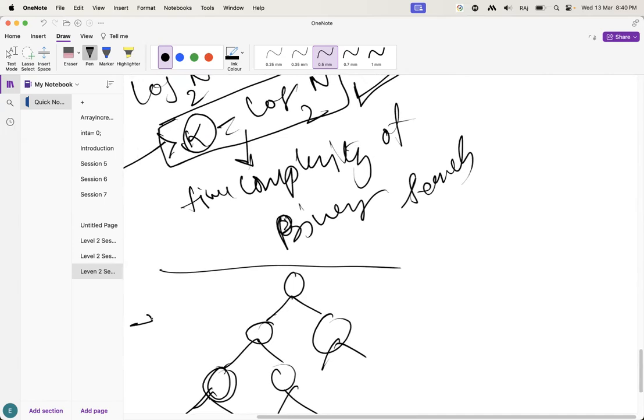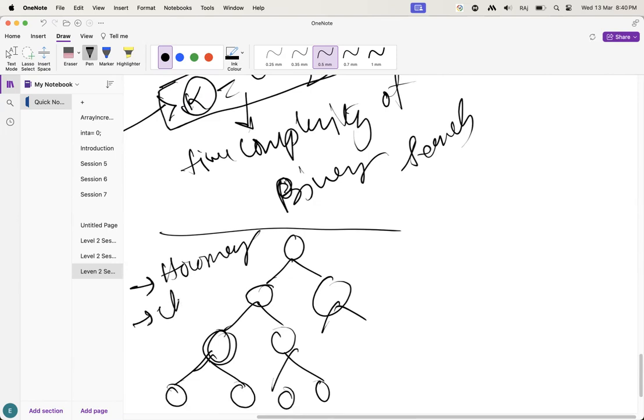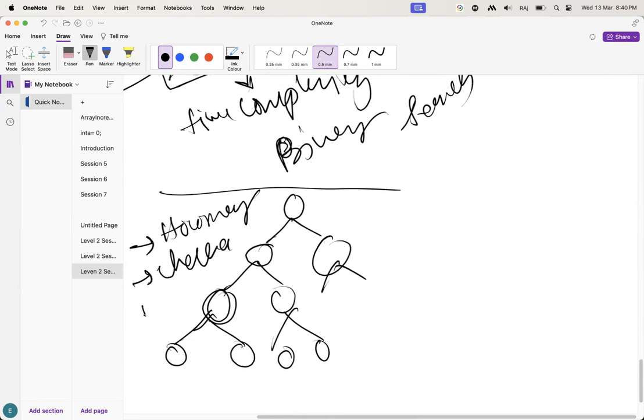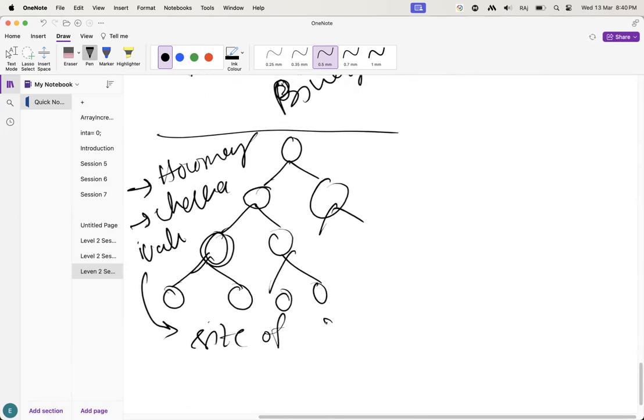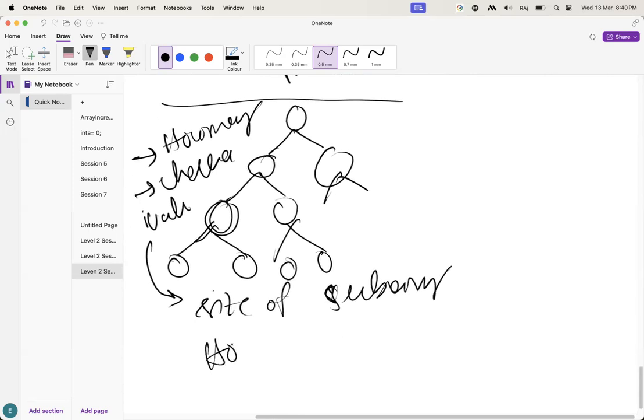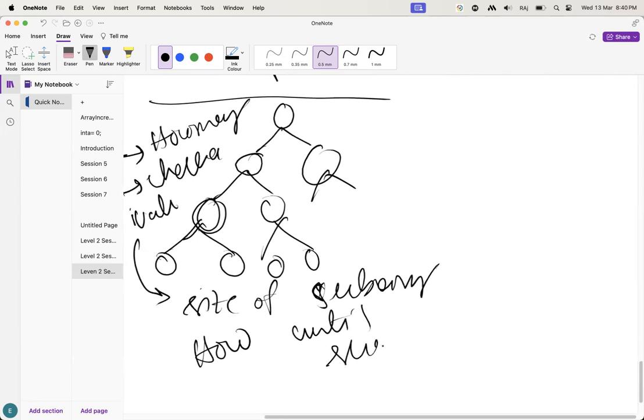We are not checking how many subarrays. We are checking the size of the subarray, how many times we are going to run this until the subarray size is equal to 1.